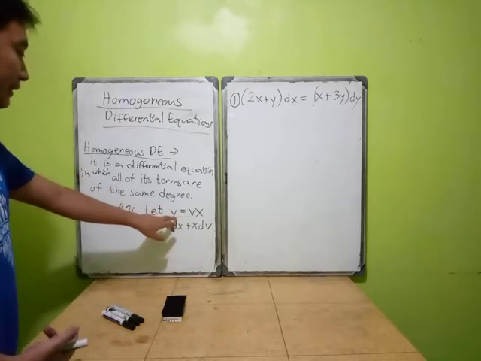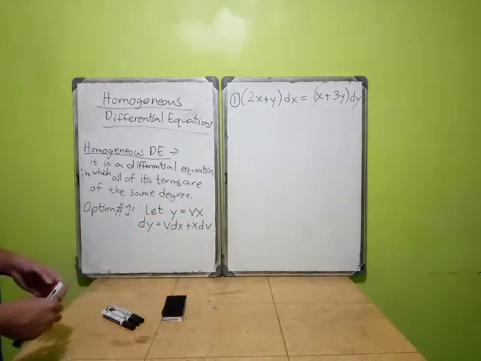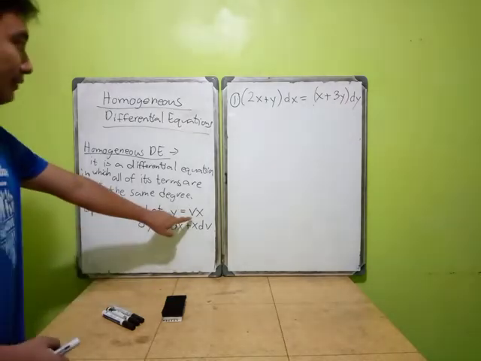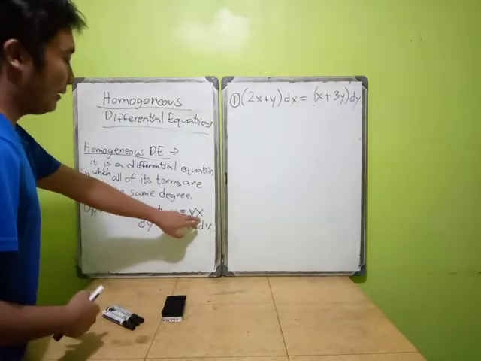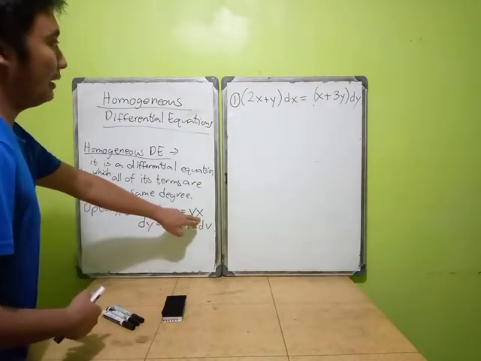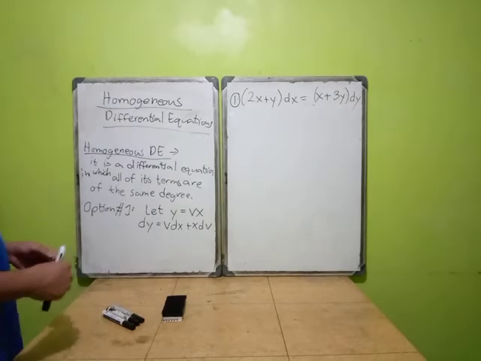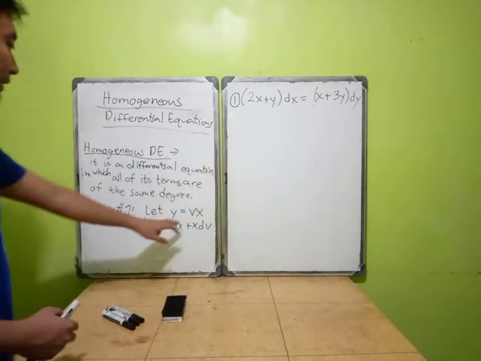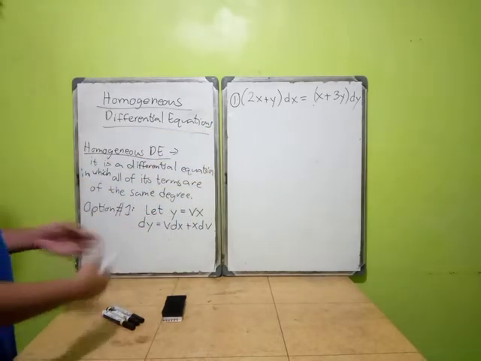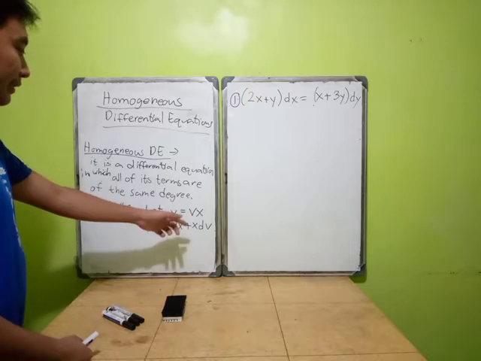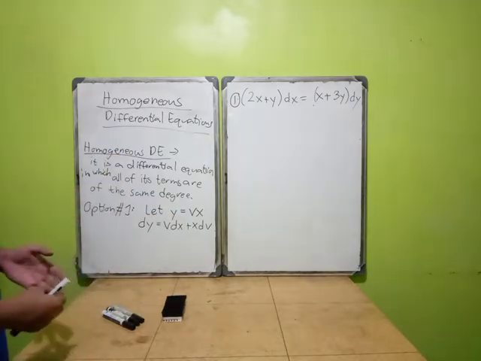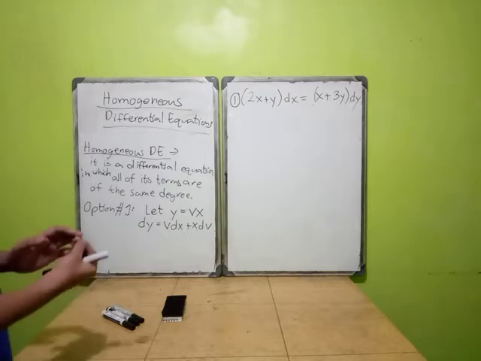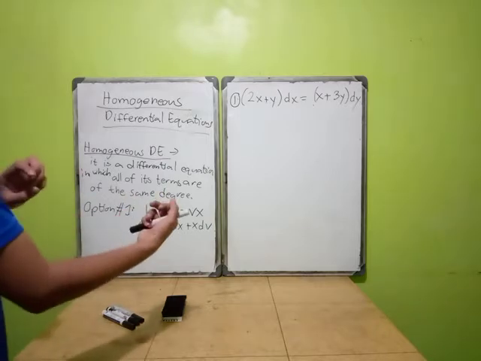Bakit natin na-replace si y as vx? In order na ma-solve natin yung differential equations. Kasi, kapag na-replace si y with vx, yung homogeneous differential equations mo is ma-factor out mo yung si x. Okay?